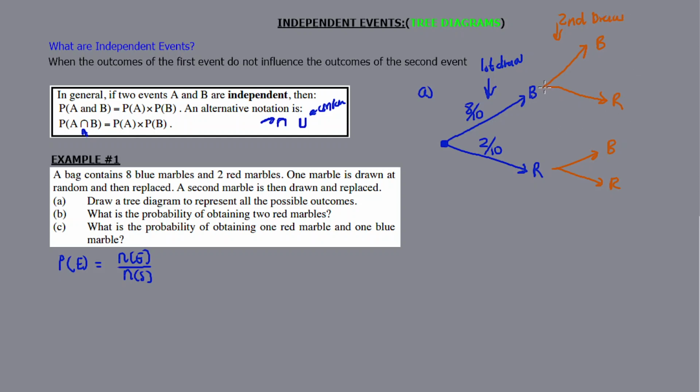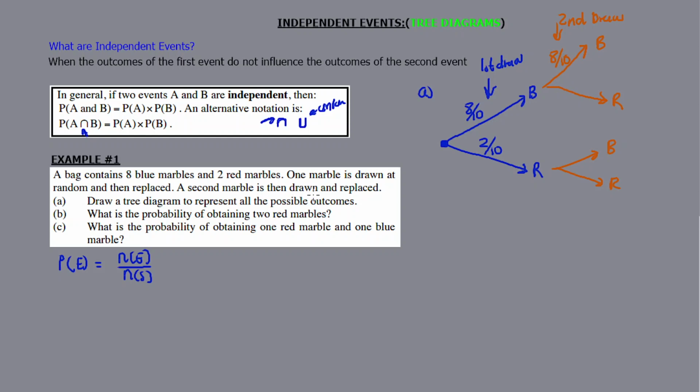Now, what is the probability of me taking out the blue ball for the second draw? It's still 8 out of 10. That's because after taking out the blue ball, I put it back. I'm replacing it.